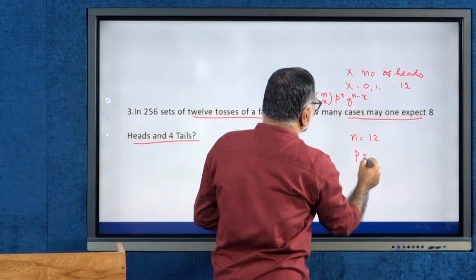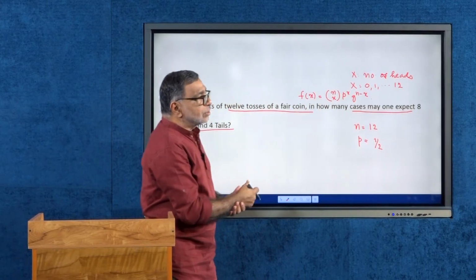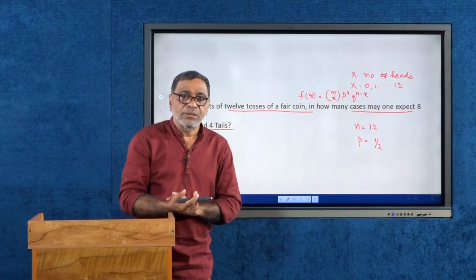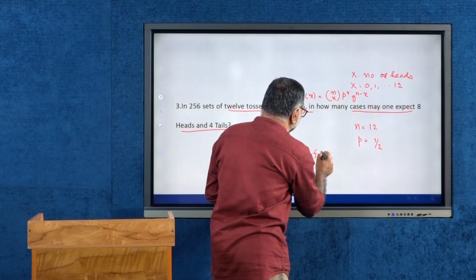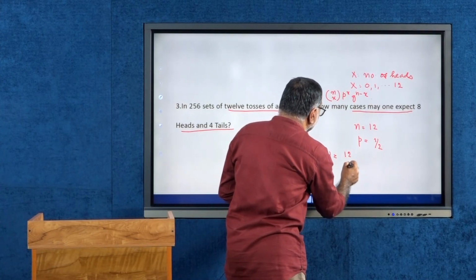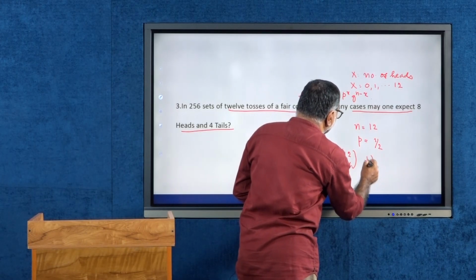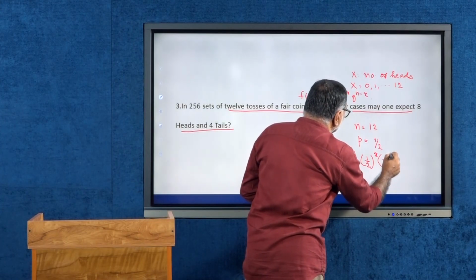We know n is given to you as 12 and p is the probability of getting a head, that is 1 by 2. So, our f of x is 12 Cx p power x, that is 1 by 2 power x, q also 1 by 2 power 12 minus x.